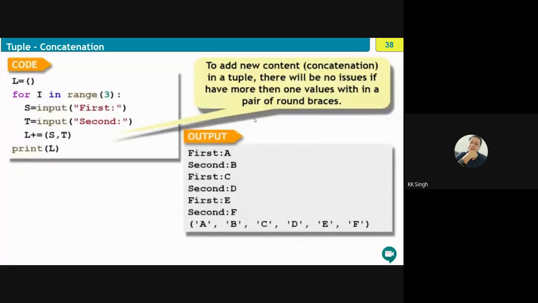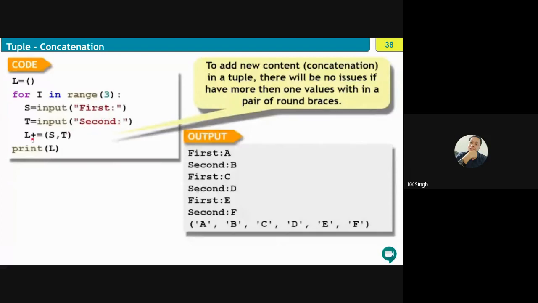S is equal to input first, T is equal to input second. So over here, I am taking two strings at a time. So total strings which we are going to input are 6, because in one iteration, I have to get two values in, first and second.